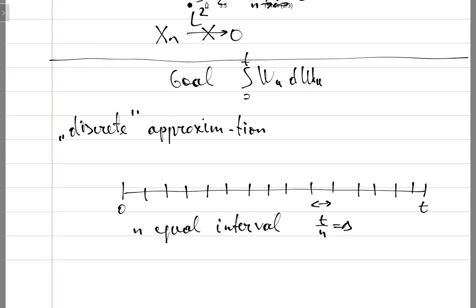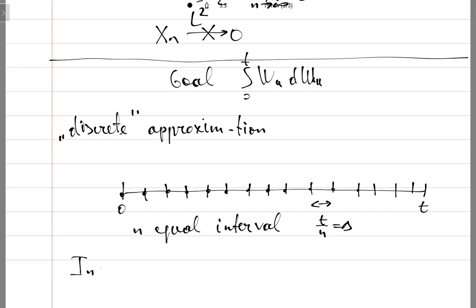Okay, let's go on. Let's calculate the approximation In. That means I will trade my asset only at these moments of time. I will not trade my asset continuously, but at these discrete moments of time.